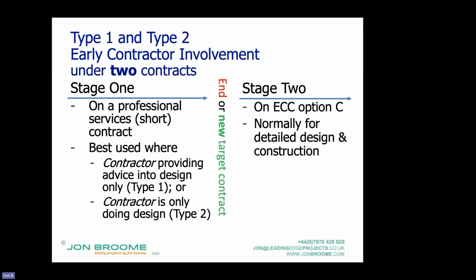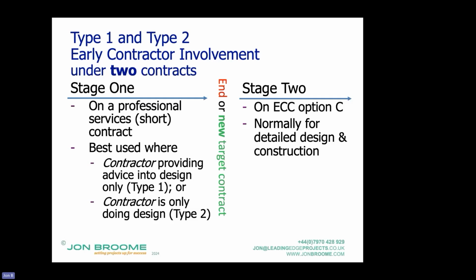Whereas type 2 is where the contractor, or what will become the contractor, is a consultant under the professional services contract and is actually responsible for doing the design. And they will inherit the design that they do, I would strongly suggest, becomes their responsibility under the contract.